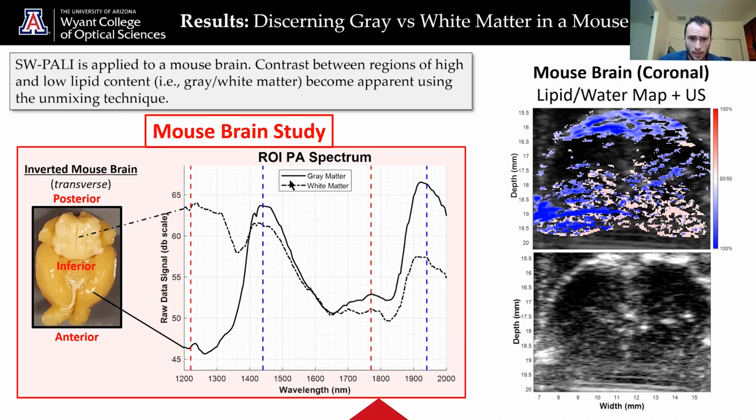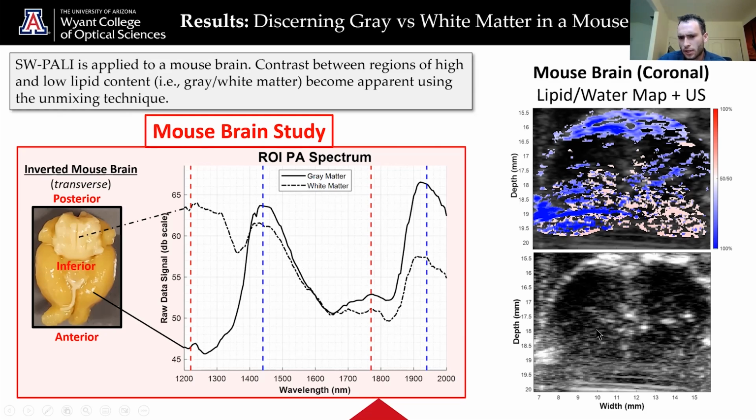You can see a relative PA spectrum. We've taken raw PA spectrum data of both what we believe to be gray and white matter sections in the actual brain. And on the right here, you can see a lipid water overlay map with the corresponding B mode image on the bottom. And this is pretty interesting.